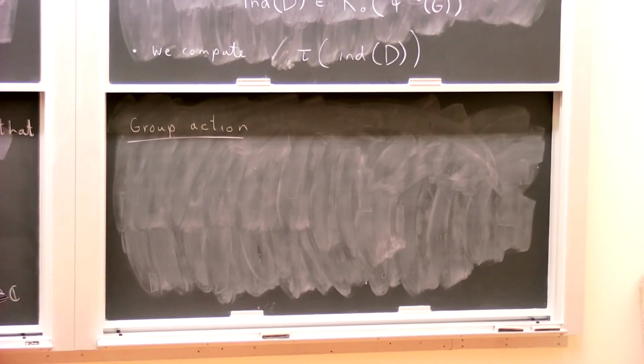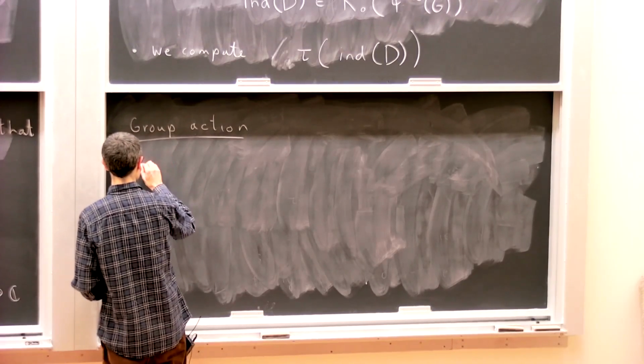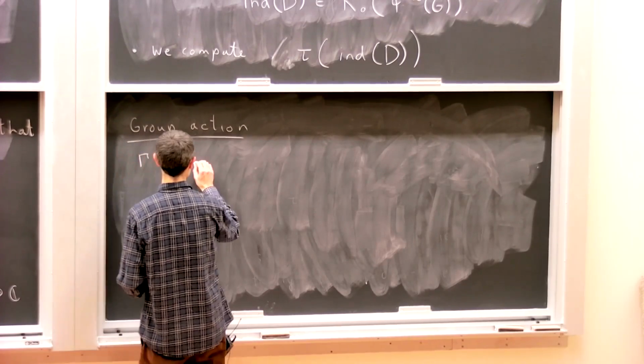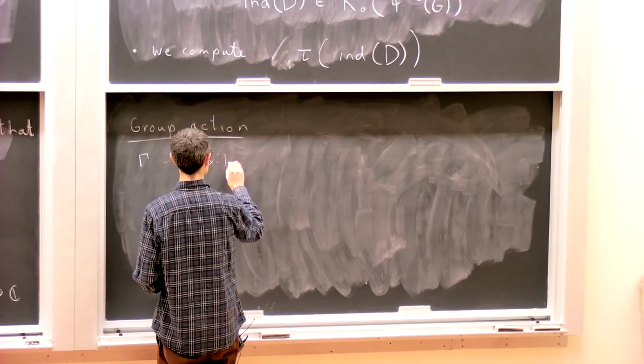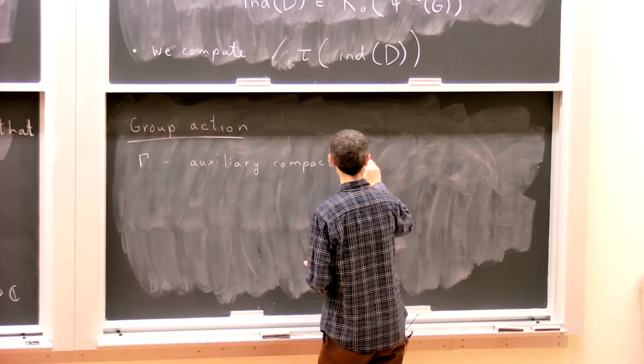Okay, so there are different things you might mean by a group action on a groupoid. So I'll say what I mean here. I'm going to write gamma for just an auxiliary compact Lie group.